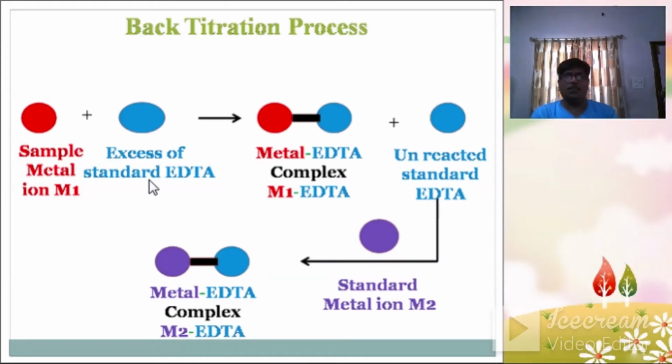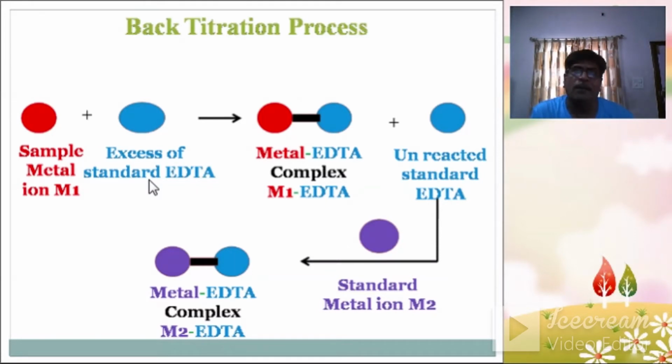The second metal ion must form a weaker complex with EDTA than the analyte ion, so the second metal does not displace the analyte ion from its complex with EDTA. Back titrations are used when the metal ion blocks the indicator, when the metal-EDTA complex forms too slowly, or when the metal precipitates in the absence of EDTA.